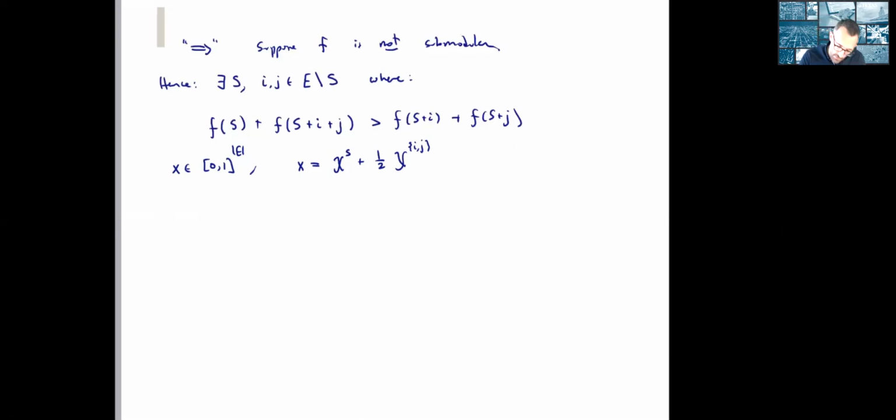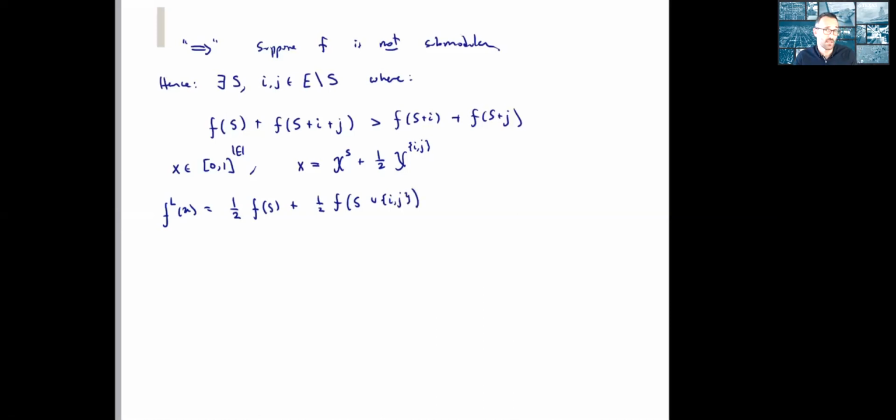So what is the Lovász extension? The Lovász extension on X, I need to find my nested set and the values. The nested set is basically given. It's S and then S union i and j. So it's just equal to 1/2, or really 1 minus 1/2, 1/2 times f of S plus 1/2 times f on the larger set, S union i and j.